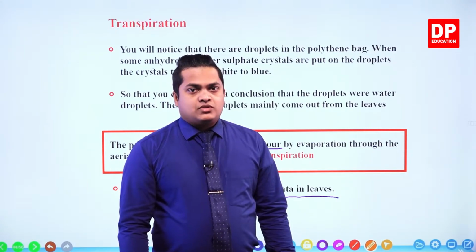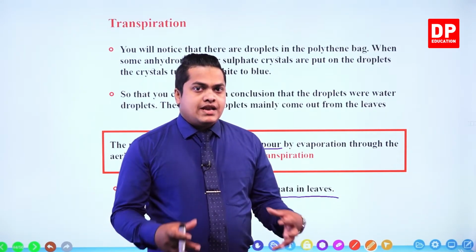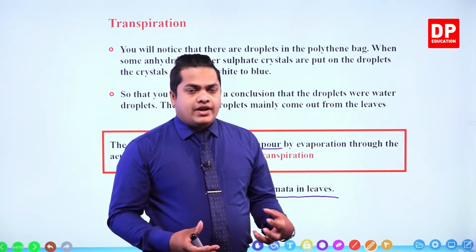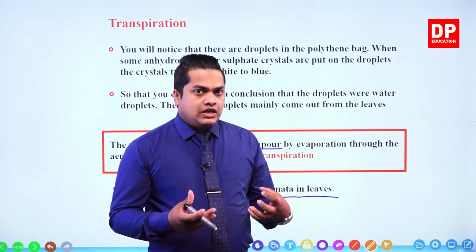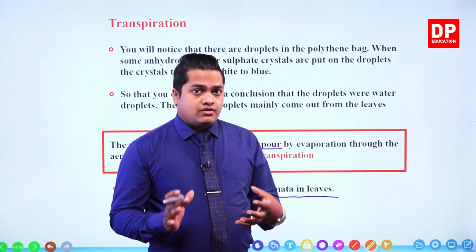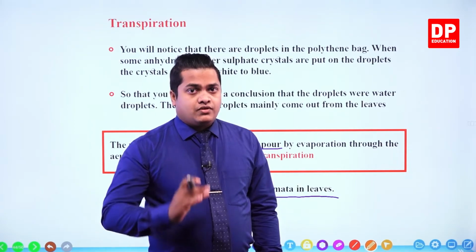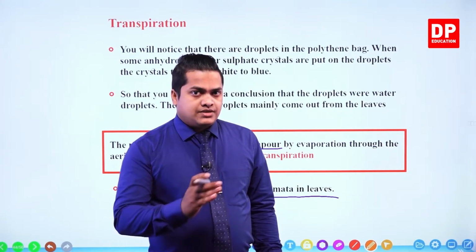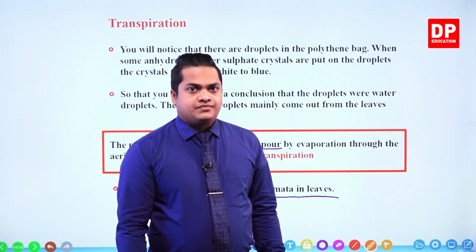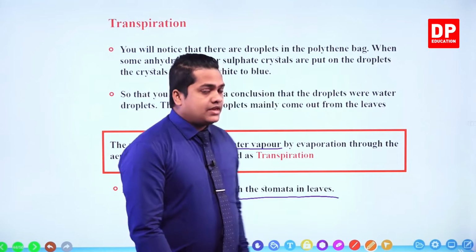Those pores help in absorbing oxygen gas for respiration, absorbing carbon dioxide gas for the photosynthesis process, and releasing water vapor and oxygen during respiration, plus after photosynthesis as a byproduct. Okay, right.